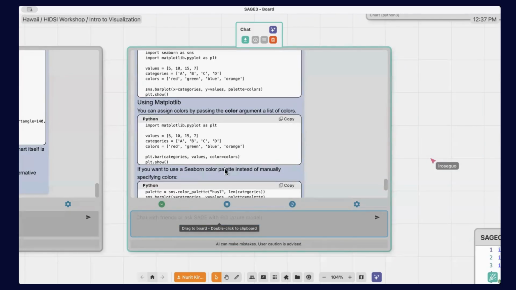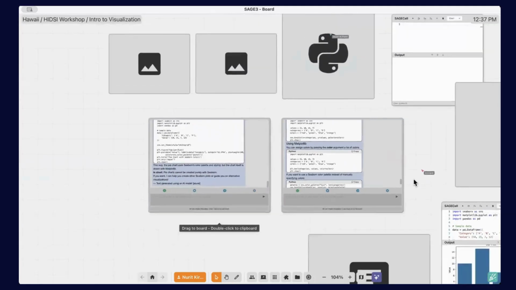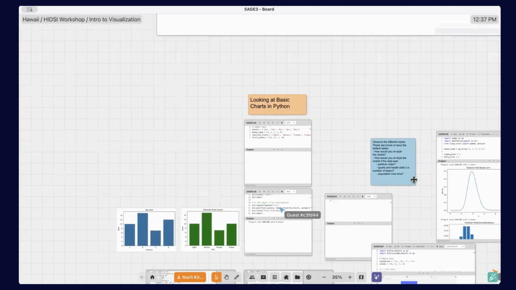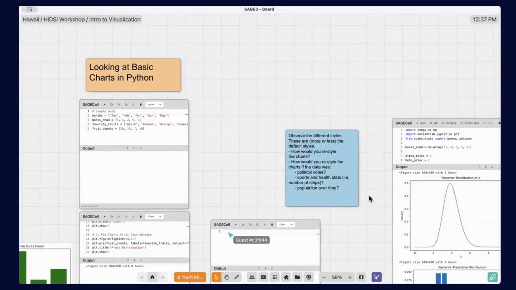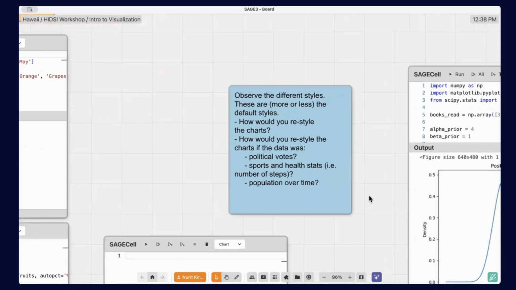So hopefully you guys enjoyed playing with this, and you can continue playing with this. The couple of questions that I had: now that we talk more about styling and things like that, if you had to restyle your charts, those were the defaults that you got, right?